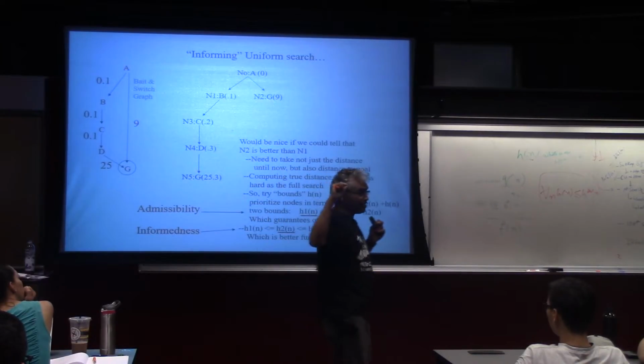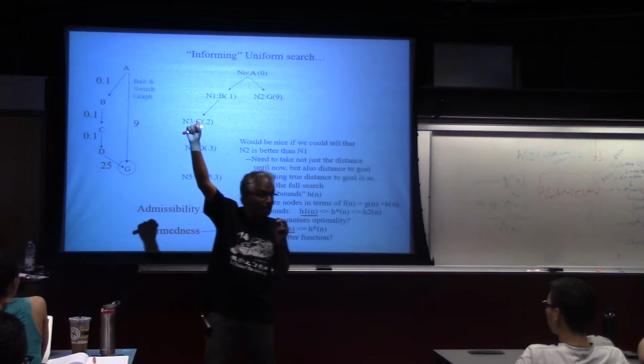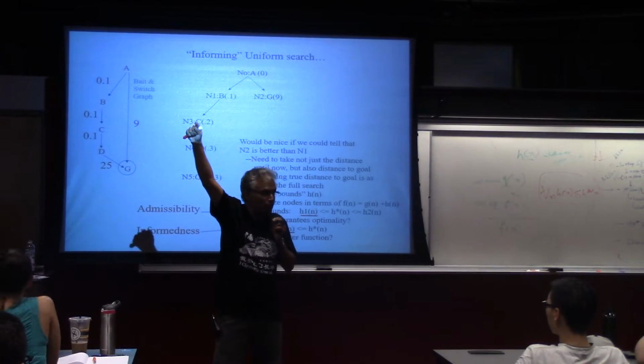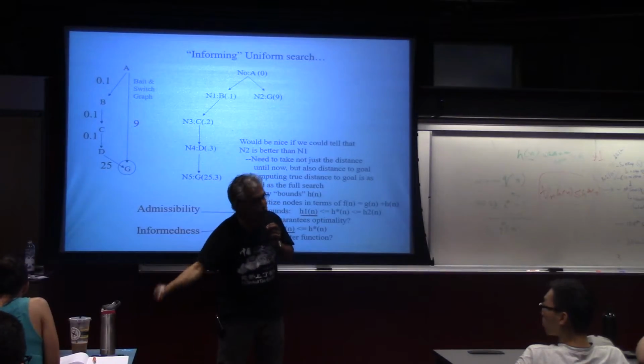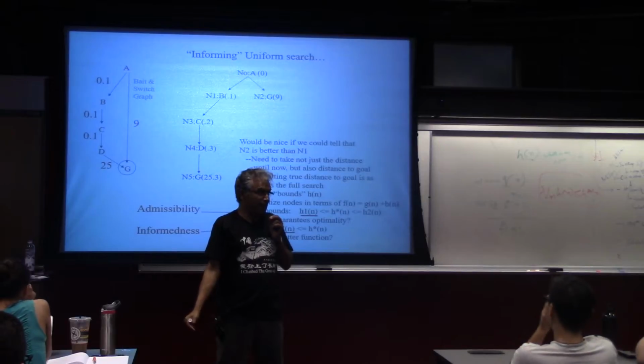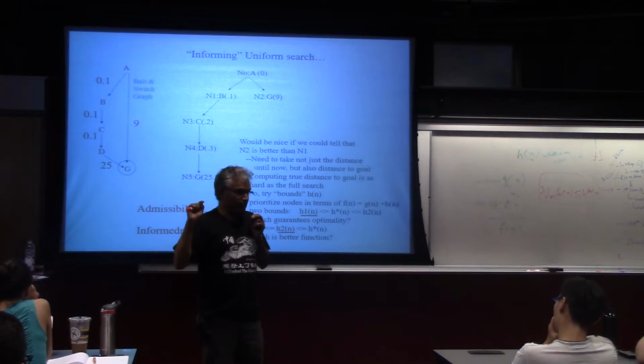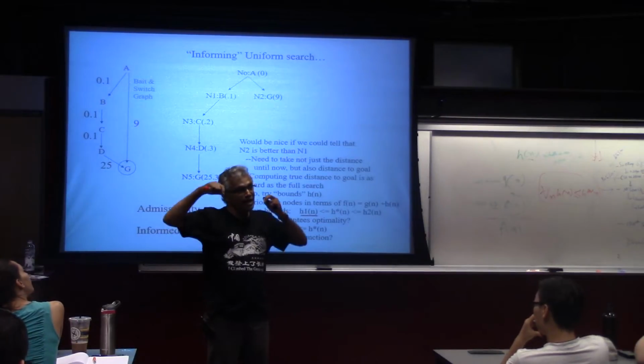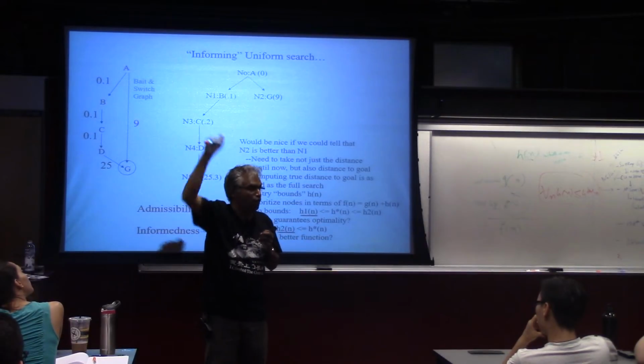Now, however, what's interesting is you're comparing not the G values but the F values. The F is the cost to reach that node plus an approximation of the cost to go from that node. But the approximation is a lower bound. So whatever is the true cost through that node will be higher than whatever you found as the F value right now.